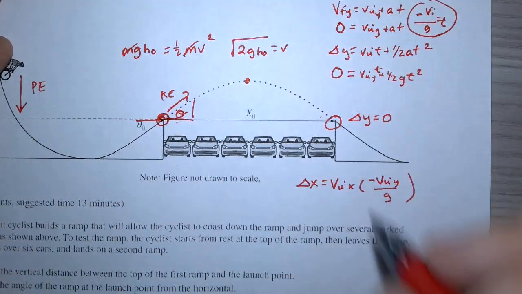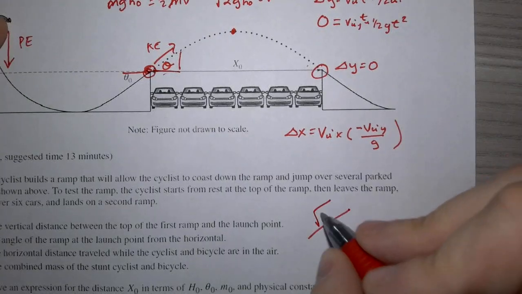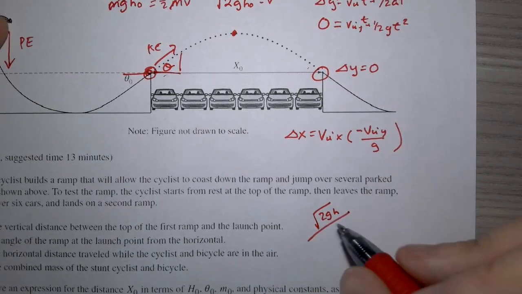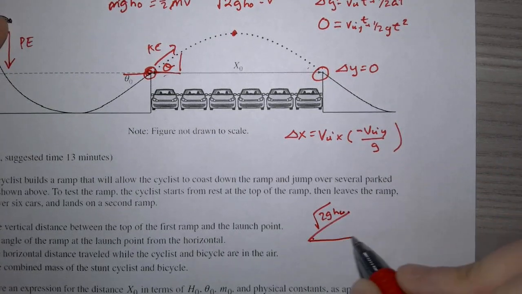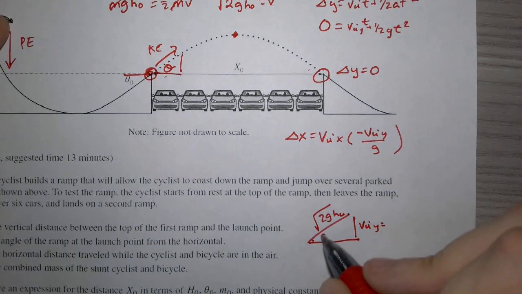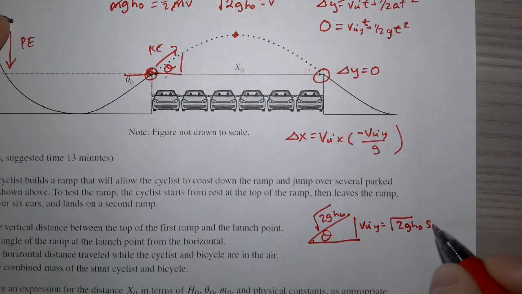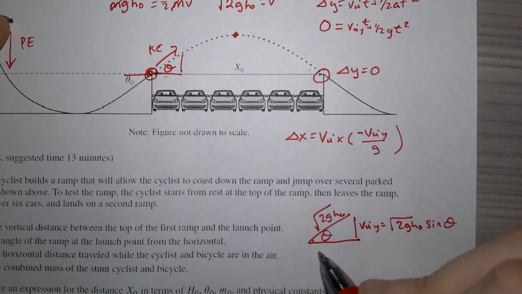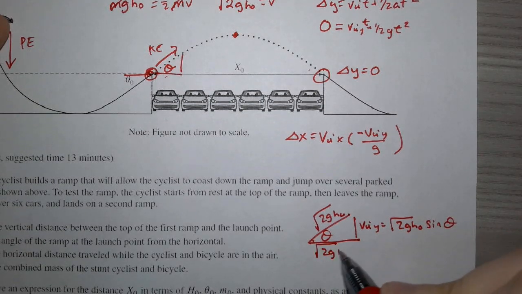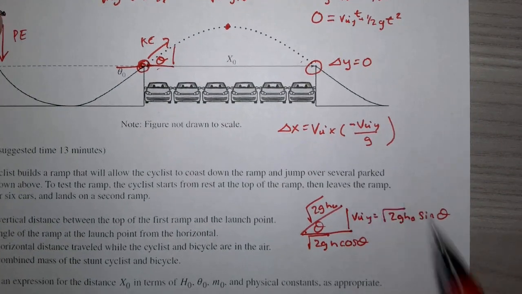We know the speed that it left with, which was square root of 2gh. So in order to find vi for y, it would equal square root of 2gh sine of theta. And vi for x would be square root of 2gh cosine of theta because it's the adjacent. And then we would plug those in.